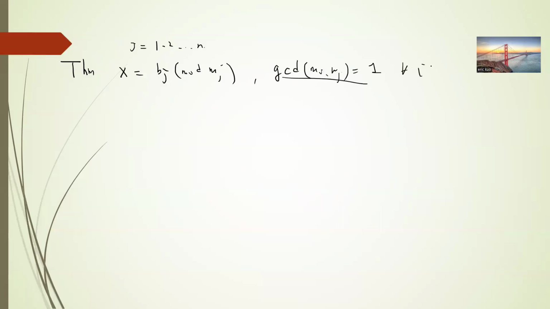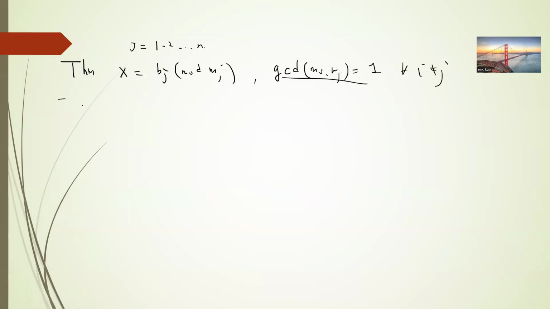So let me just write down the theorem. Let x be b_j modulo m_j, where j is from 1, 2 up to n. And then we need to assume that any two of m_i and m_j are coprime to each other, for any i different from j.